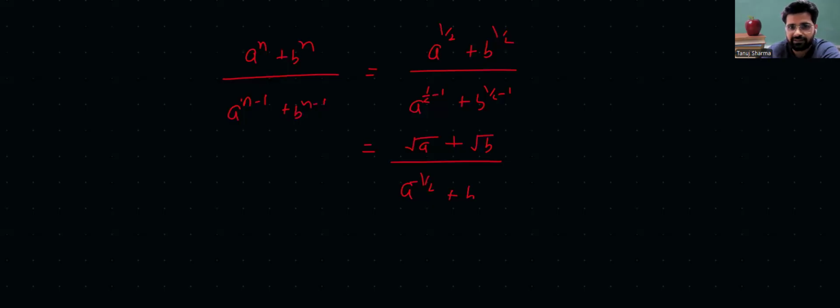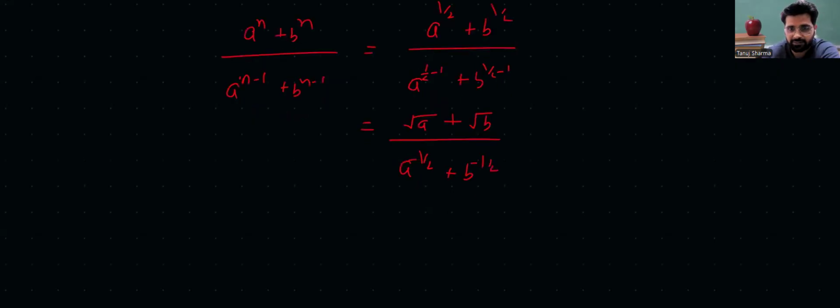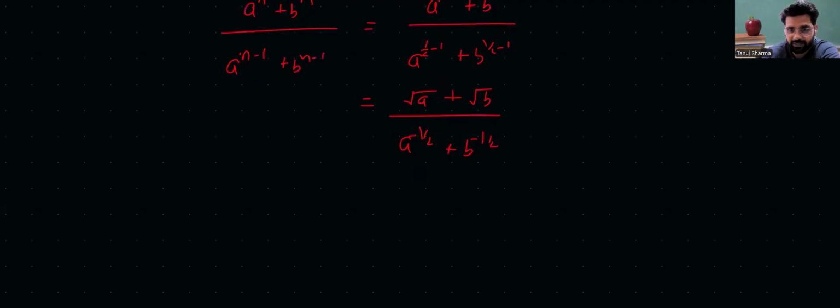So we can say root of a plus root of b divided by 1 by root of a plus 1 by root of b. I can take the LCM in the denominator for simplification. So this becomes root b plus root a divided by root a times root b.